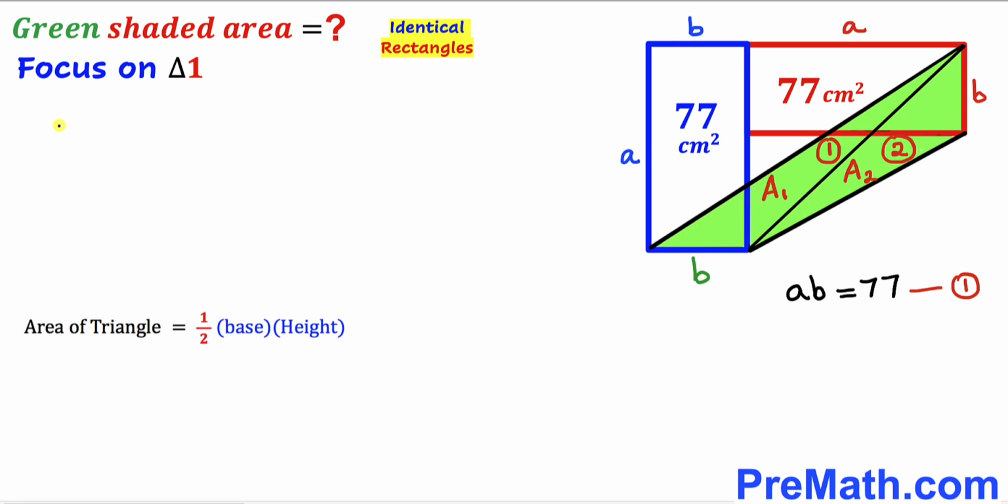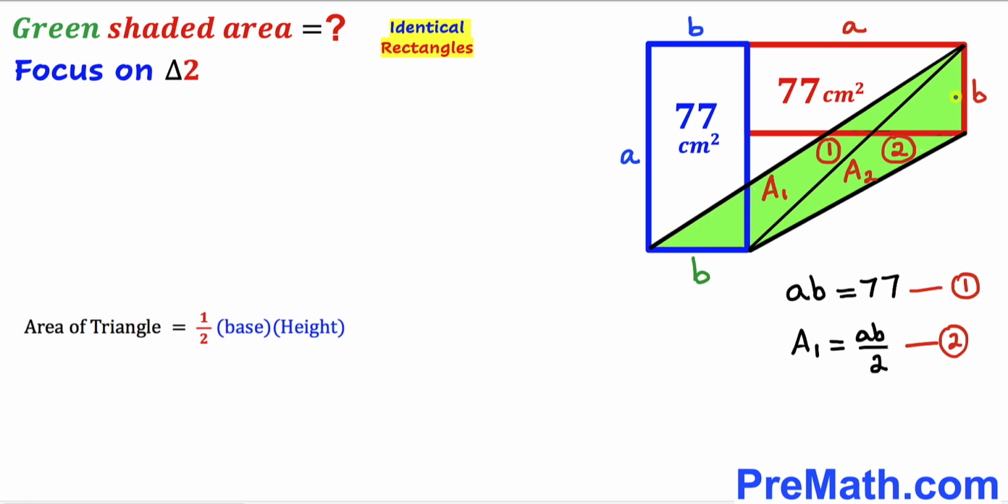So we can write a sub 1 is going to be equal to a half times the base b times the height a. And if we simplify, we can write down a sub 1 is going to be equal to a times b divided by 2. I'm going to label this one as our equation number 2.